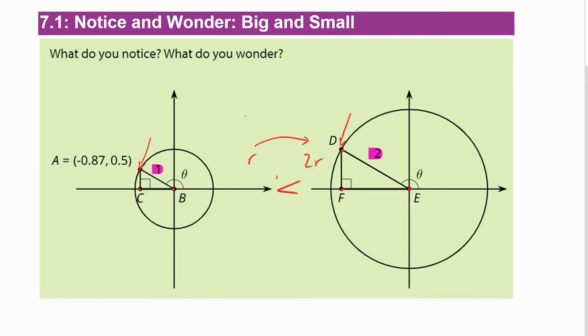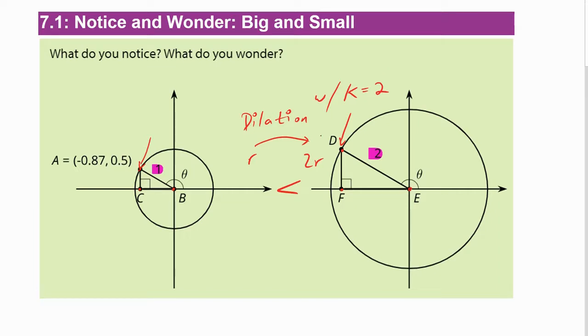In transformations for geometry, we refer to that as dilations. So you apply a dilation by a scale factor, which we denote by k, with a scale factor of 2. So k means scale factor.